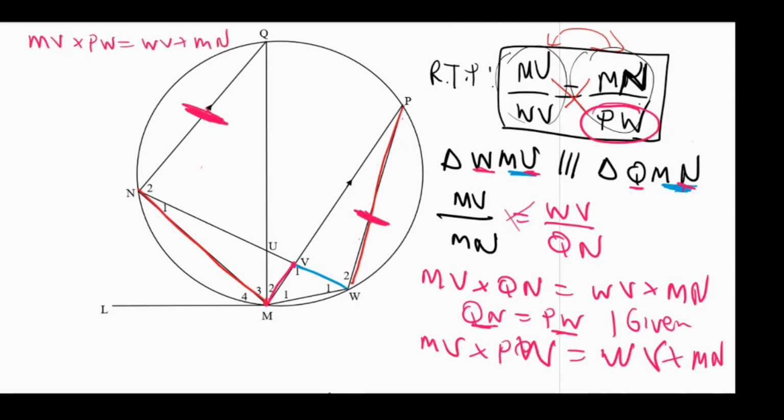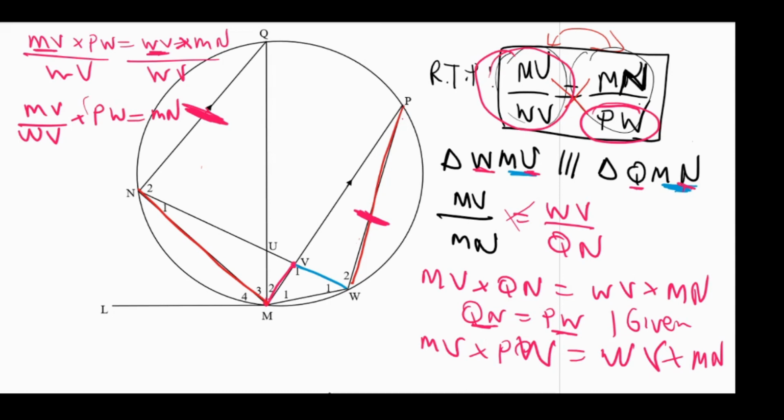Now we're going to write it back into fraction form, so meaning we can divide, because here on our left hand side we have MV, which is this MV, right? It is divided by WV, which is this portion here. So this is multiplication, so we're going to divide by WV both sides, so you will have MV over WV multiplied by PW is equal to MN, right?